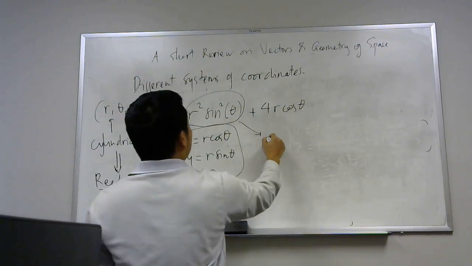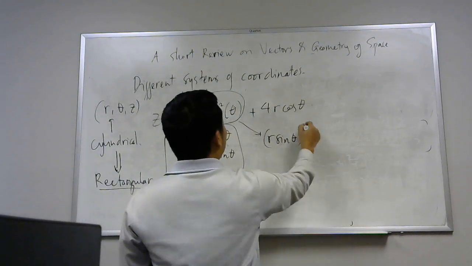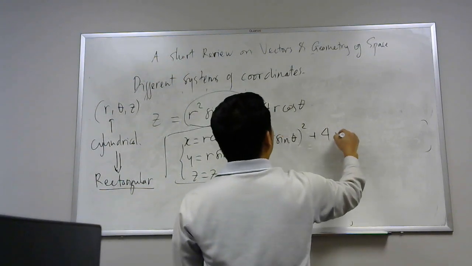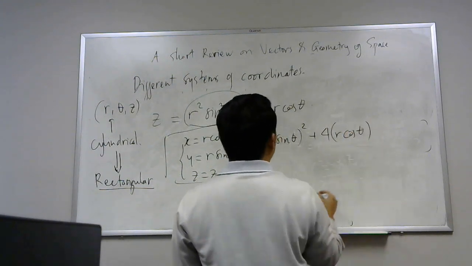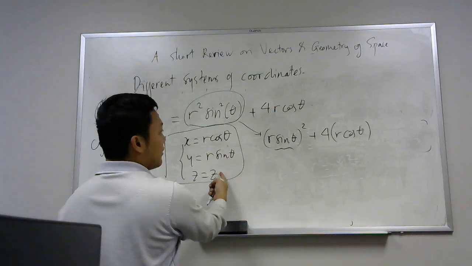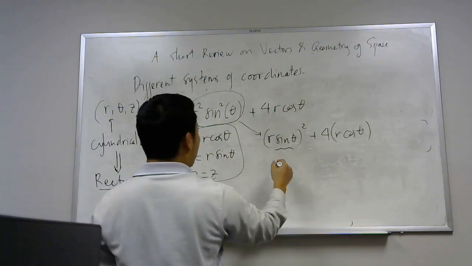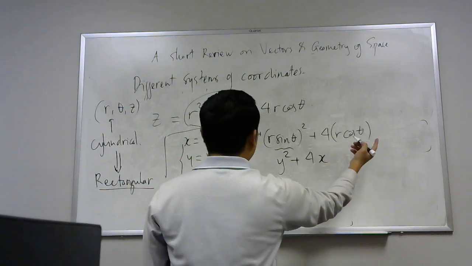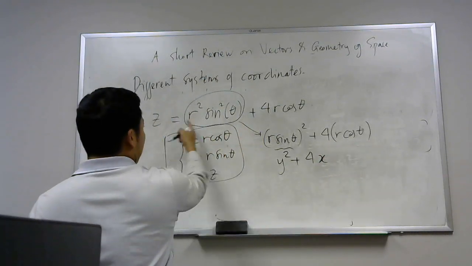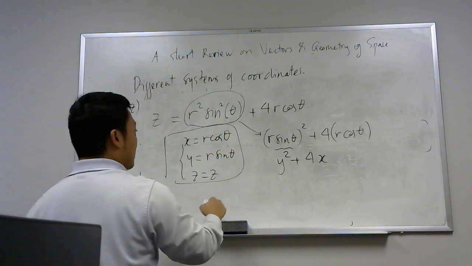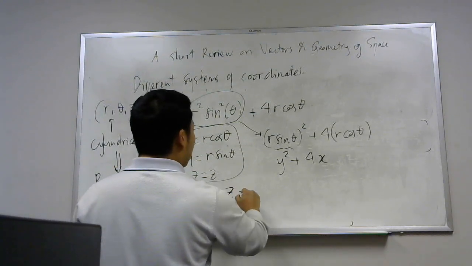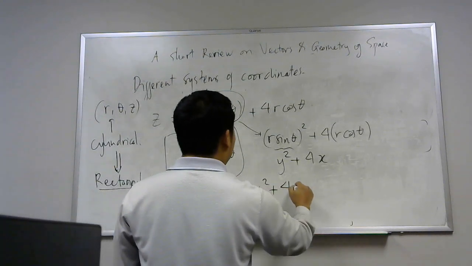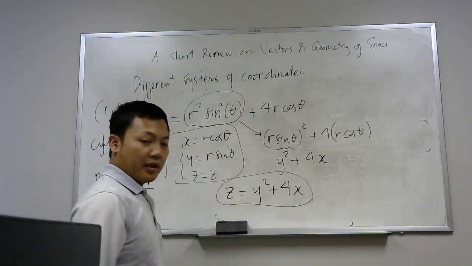This is r sine theta squared, plus 4r cosine theta. By this formula, r sine theta squared is y squared, plus 4x. That's why this equation can be translated into rectangular coordinates as z equal to y squared plus 4x. That's it.